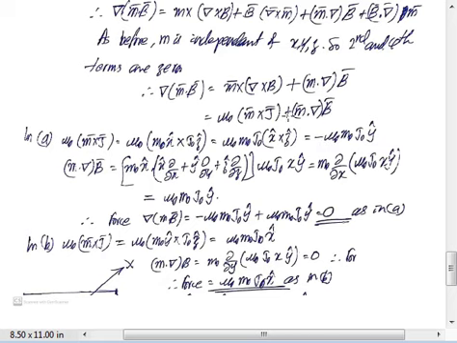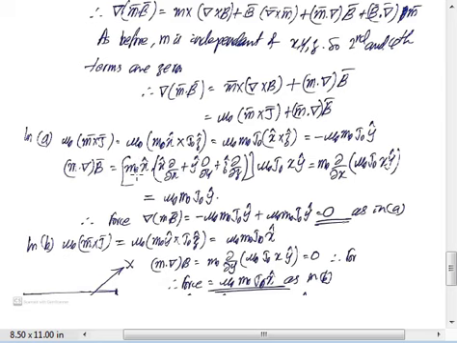The second term m dot del B will be equal to m0 x cap dot (x cap dou by dou x, y cap dou by dou y, z cap dou by dou z) into B, which is mu0 j0 x y cap. x cap dot x cap is 1.